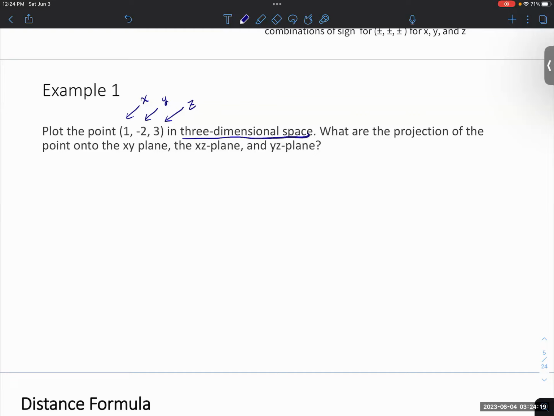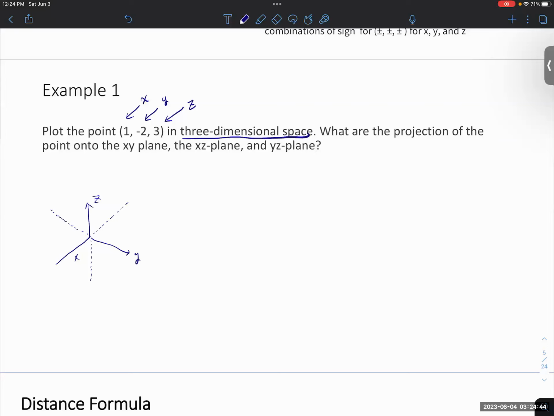It is really difficult because you have the x-axis, y-axis, and z-axis. So if you go to here, this is negative x. If you go to here, this is negative y. If you go here, this is negative z.